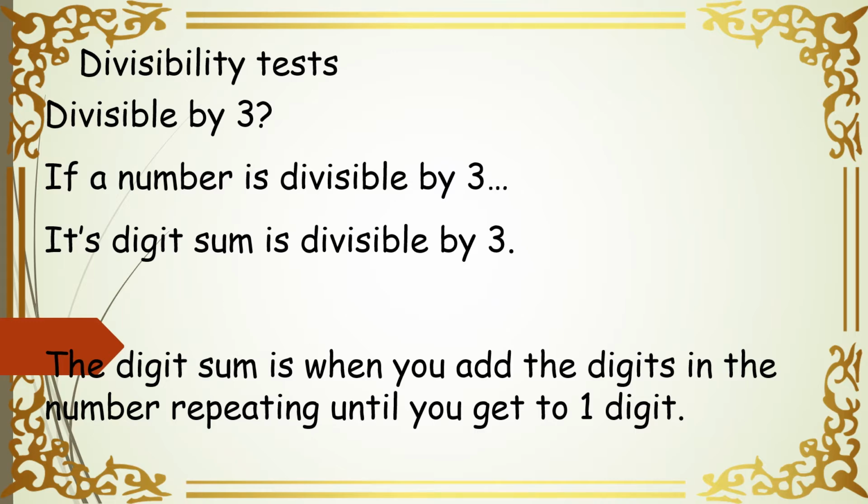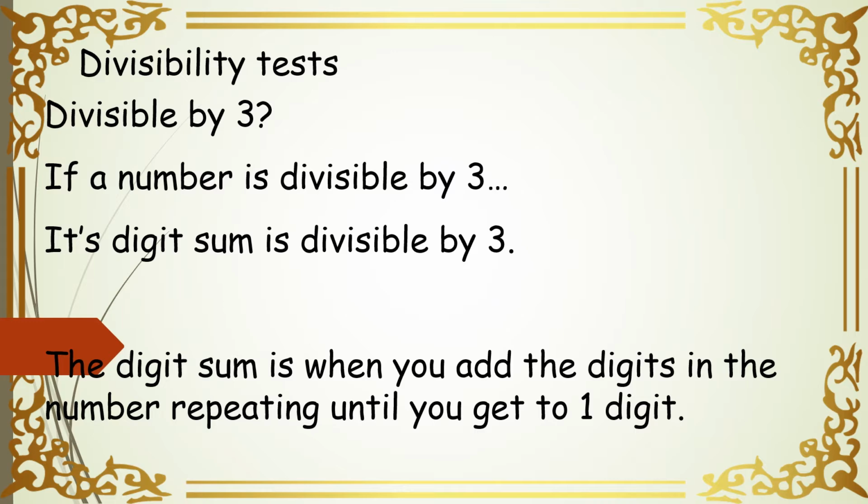The statement means that if I have numbers with more than one digit, say for example 21 or 121, then it has 3 digits. We will add all those digits.